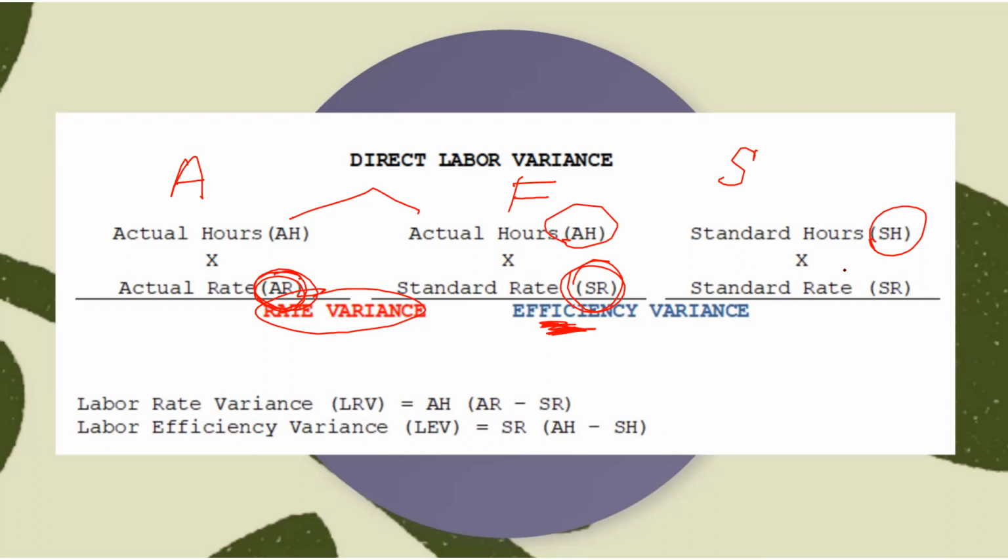Now, who is responsible for the rate? Usually, it's our human resource. Of course, our rate that we incur and the standard rate only. That's what we are looking at. How about efficiency? Who is responsible? Again, it's under your production.